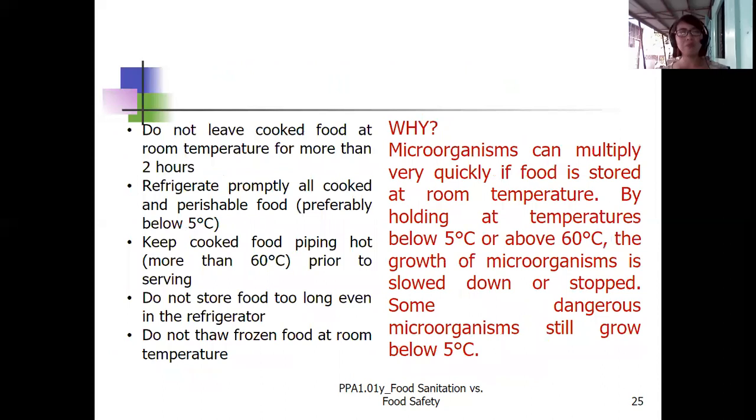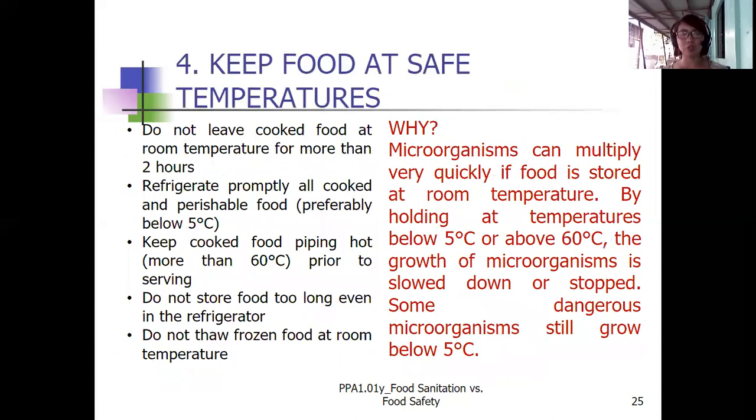So the next one is keep food at a safe temperature. Each food has its distinct, proper storage area. First, do not leave cooked food at room temperature for more than 2 hours.